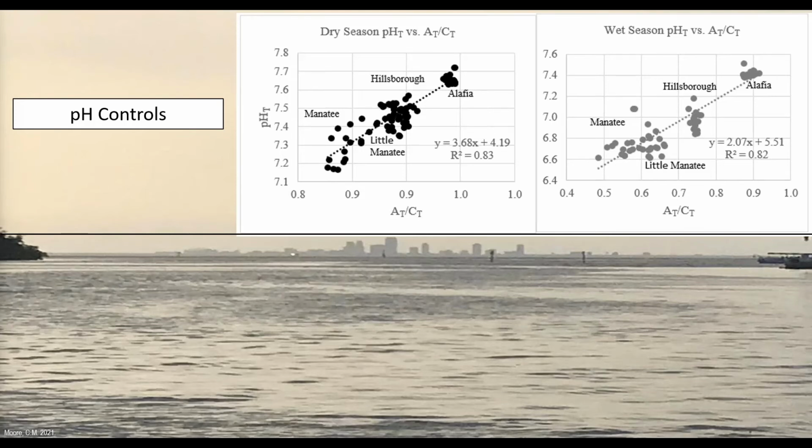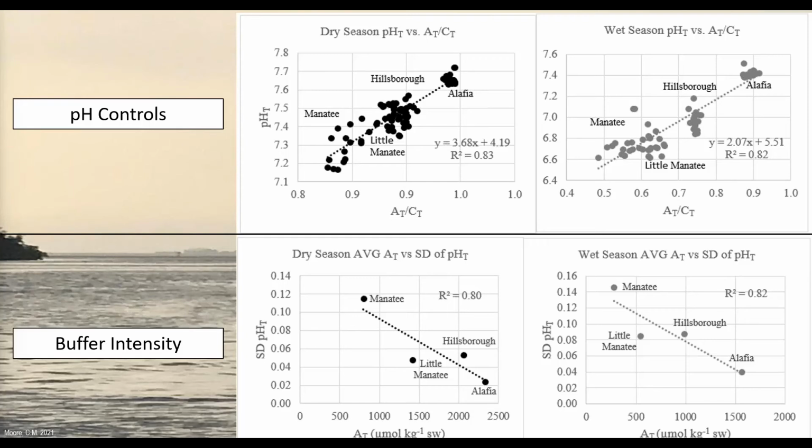And lastly, distinctions can be made regarding river buffer intensity. In this second figure, buffer intensity is highlighted where the standard deviation of the 24-hour average pH for each river is shown as a function of each river's 24-hour average AT.